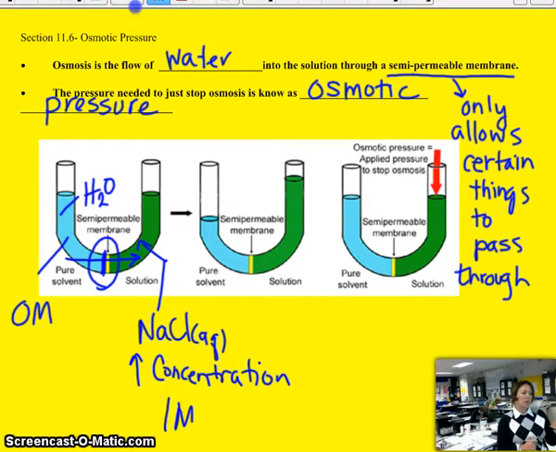It attempts to dilute the solution. So you can see here then that the water level rises inside the solution side of the tube, because water enters in an attempt to equalize the concentrations. Again, they'll never really be equal, but that water entering will dilute and lower the concentration.